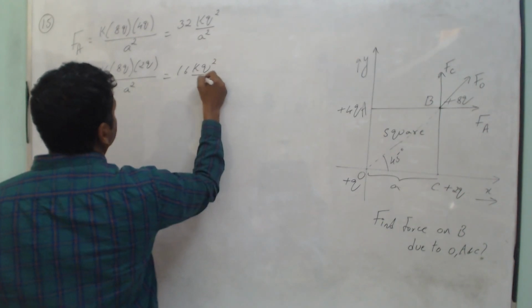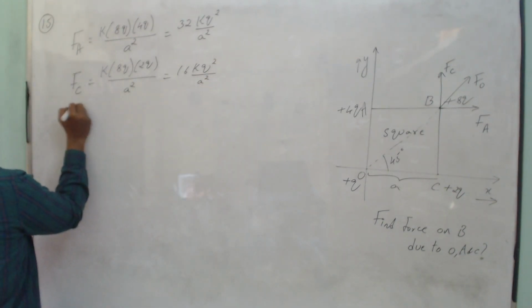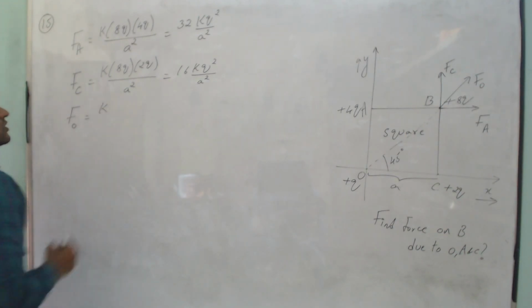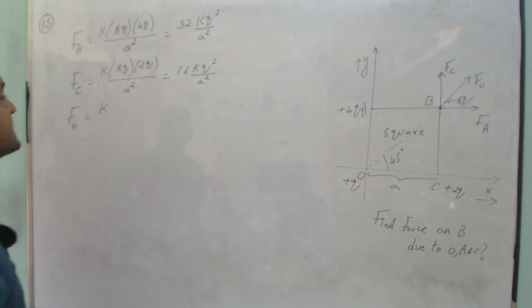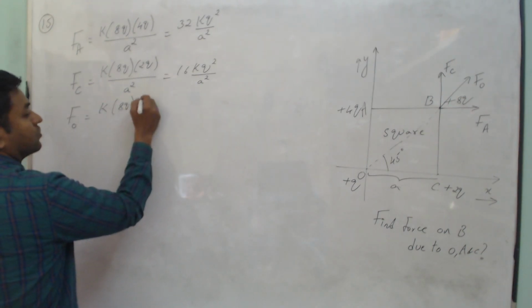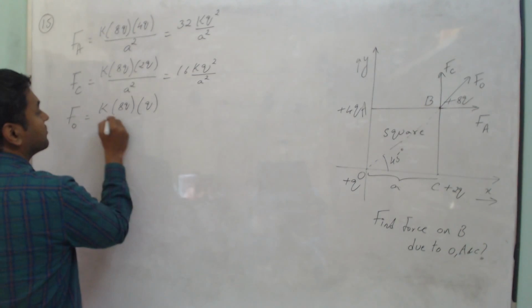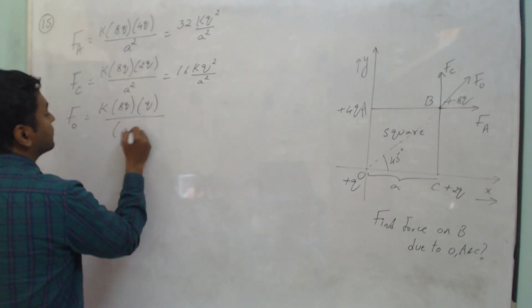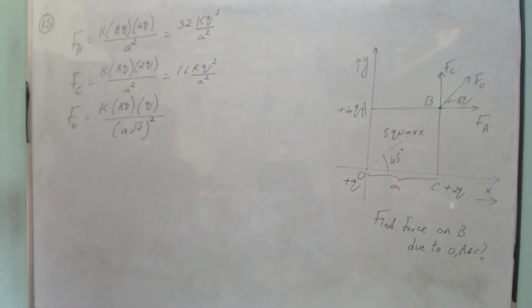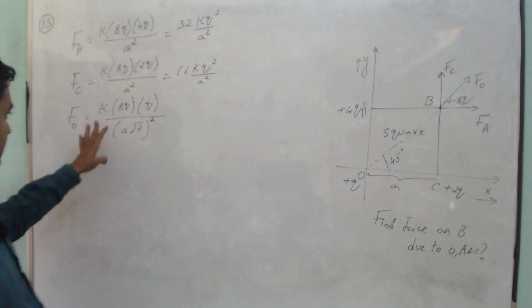Now FO is equal to K 8Q into Q divided by A root 2 whole square. I took KQ square by A square as P and solved. Is this correct?